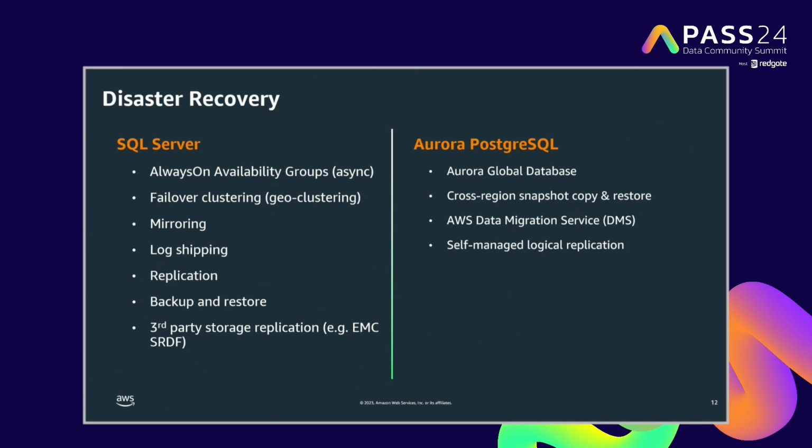With one push of a button, you can have a region-wide DR using a feature called Aurora Global Database that I will cover in the next slide. The features which support DR are global database, cross-region snapshots, DMS, and logical replication. The last two you need to configure, but the first two are already available with Aurora Postgres.